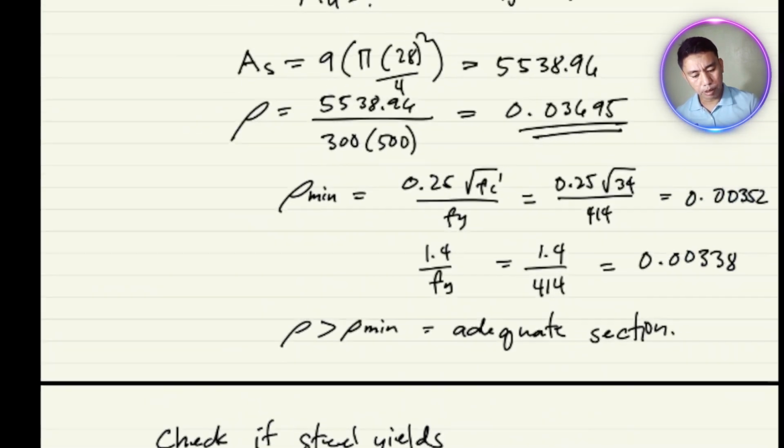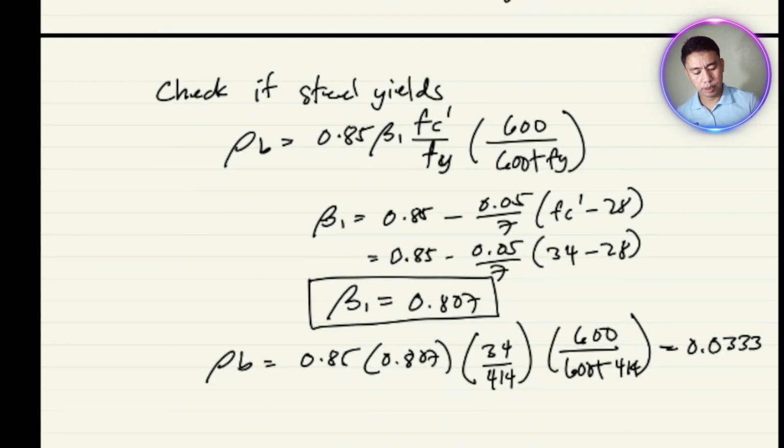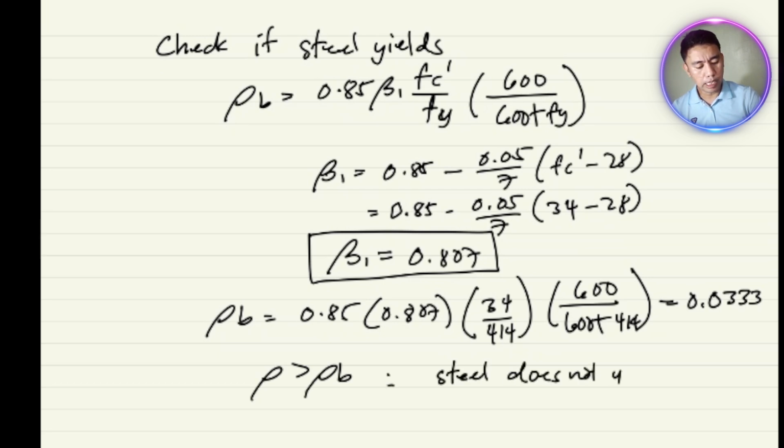Now we have solved the rho here, 0.036. So what does it mean? Ngayon, in this case, ang rho natin is greater than rho balance. So kanina, ang rho is less than rho balance. Ngayon, greater than. So what does it mean? That means steel does not yield. So if steel does not yield, Fs is not equal to Fy.